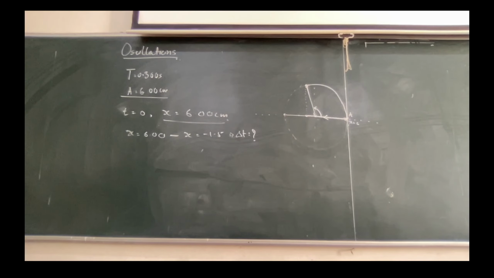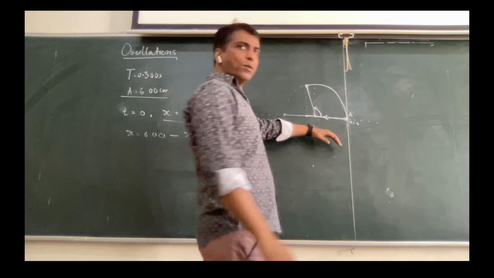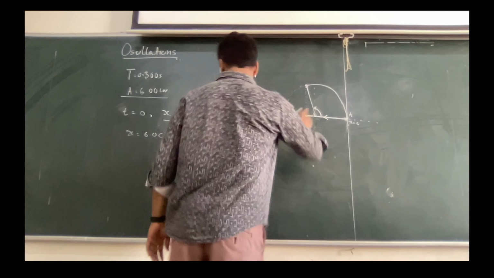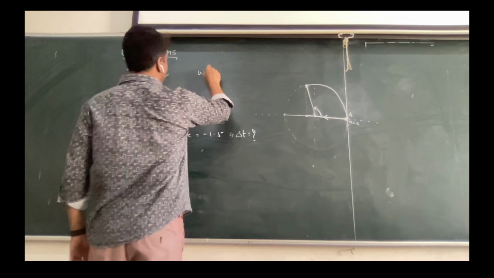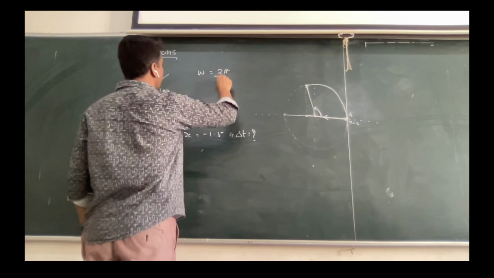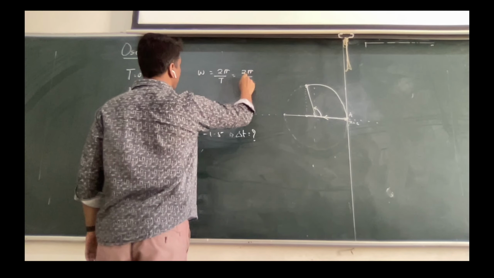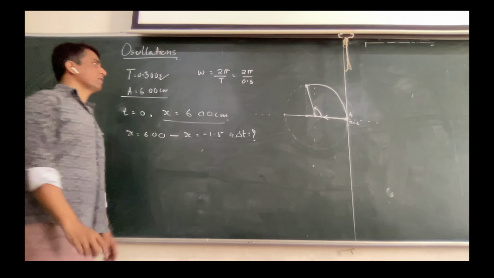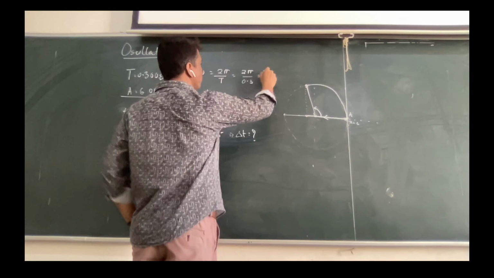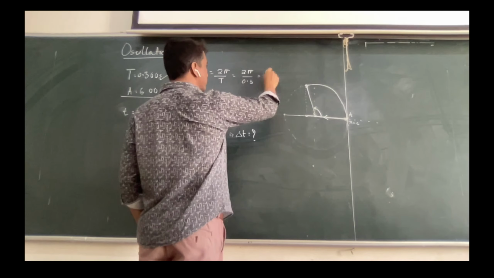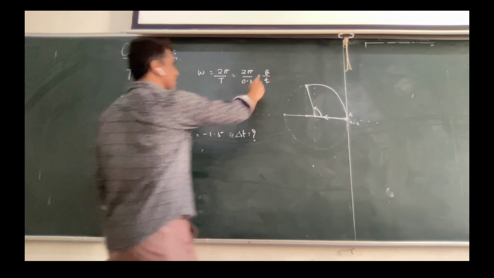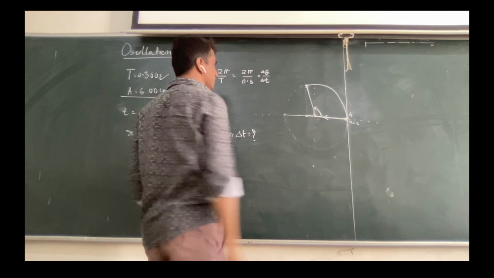If I know this angle, remember I know T, so I know omega. Omega is known. Since it's a uniform circular motion, I can write omega is theta by T, or delta theta by delta T.